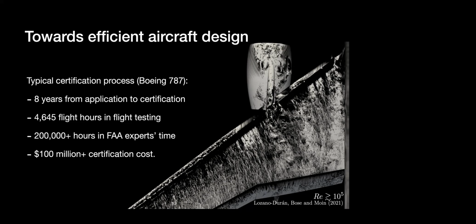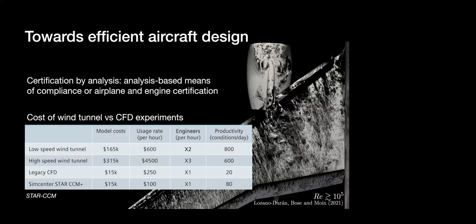So after all the design process, it took an extra 8 years for this plane to be certified. It took numerous hours of flight testing, numerous hours of the FAA's time, and over $100 million.